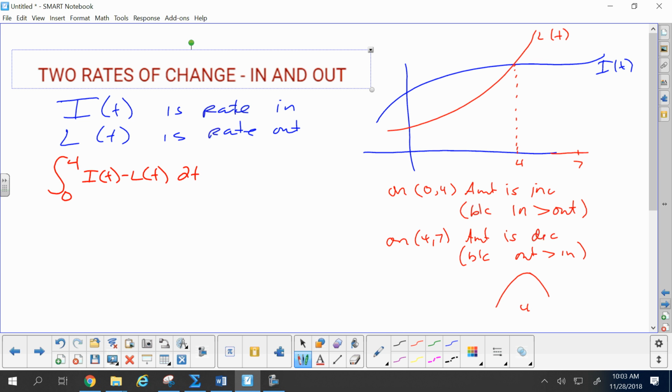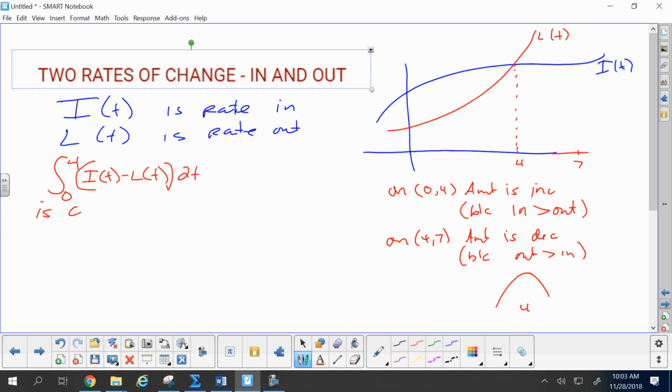What does this represent? The total or change in the total? Because I can't know the total unless I knew the initial amount, okay?